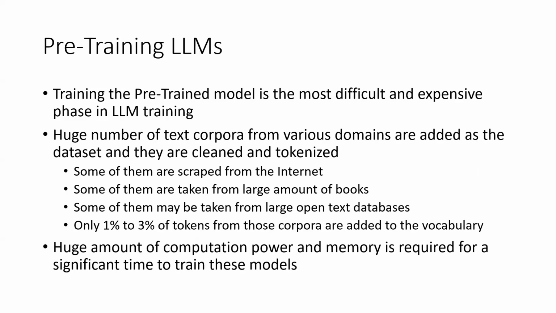So let's see what are the things that we do during LLM pre-training, which is the most expensive and most critical thing when it comes to large language models. This is the phase that an ordinary person or an institute can't do on their own, because this needs a lot of resources.